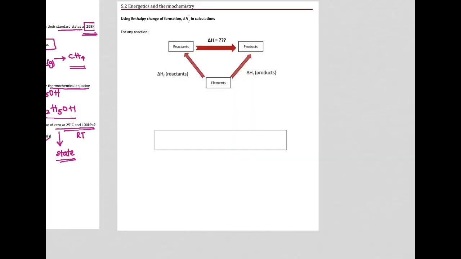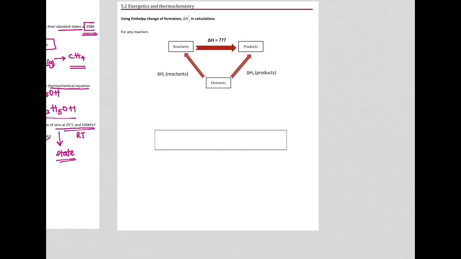For any reaction, if we're starting with the reactants and then we have the products here, we can find the delta HF of the reactants from the elements. And we can find the delta HF of the products from the elements. Because anyway, all the elements found in the reactants will also be found in the products.